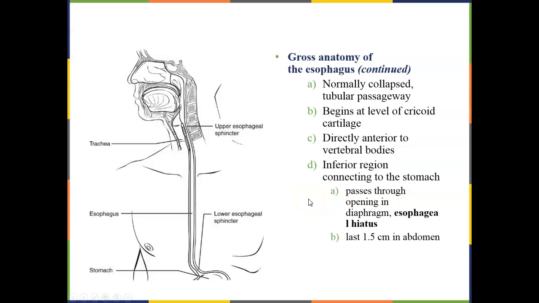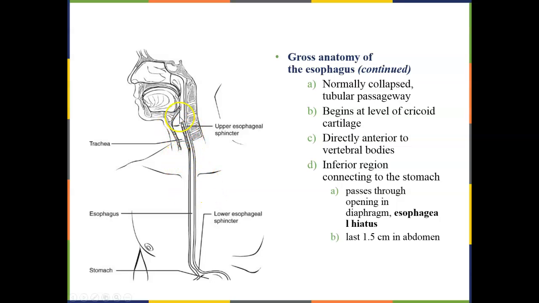This is also composed of stratified squamous epithelium, non-keratinized for protection, and the esophagus itself is anterior to the vertebral canal and posterior to the trachea.